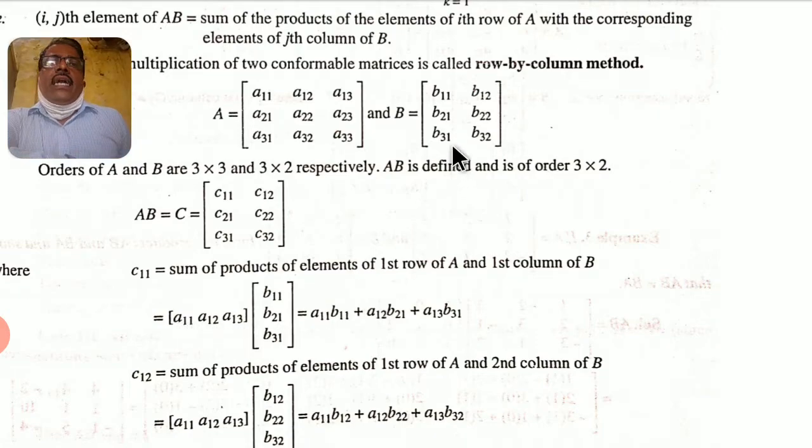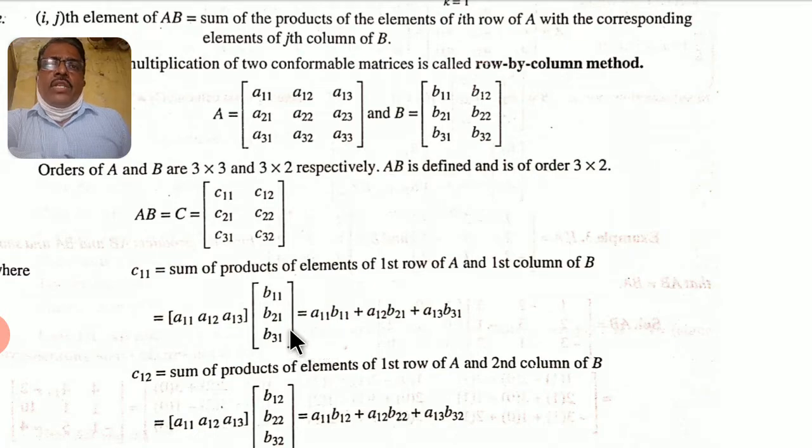Then I take the first column of the matrix B, that is B11, B21, B31. Now what I do is multiply the first element with B11, the second with the second one, and the third with the third one.